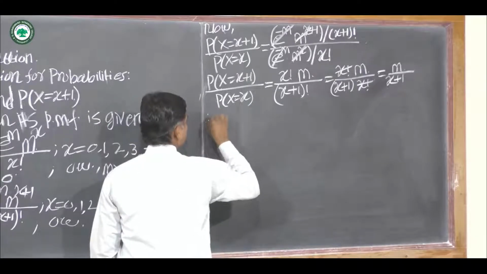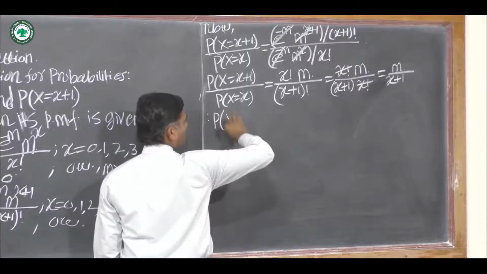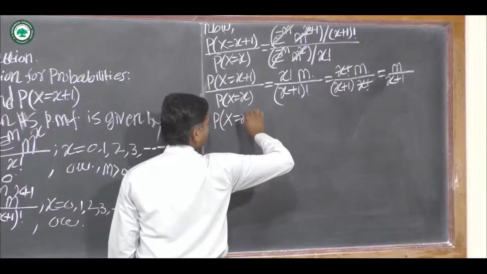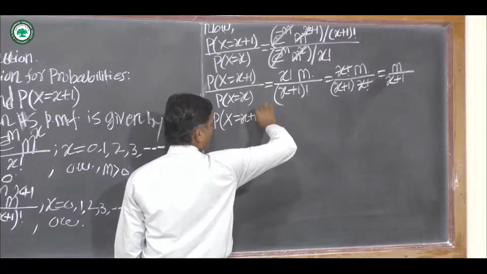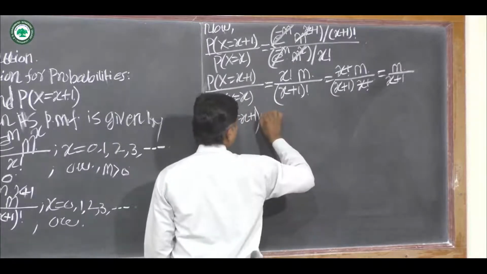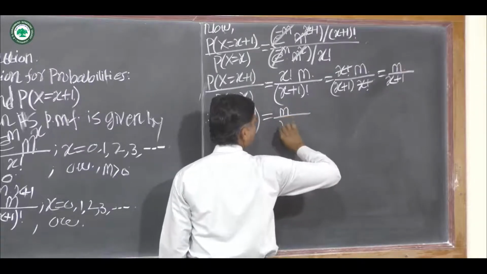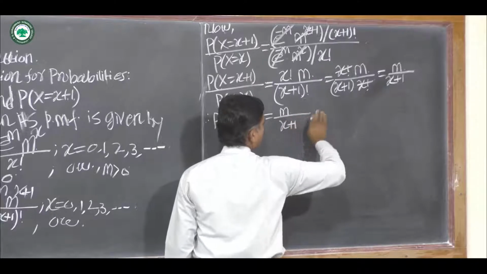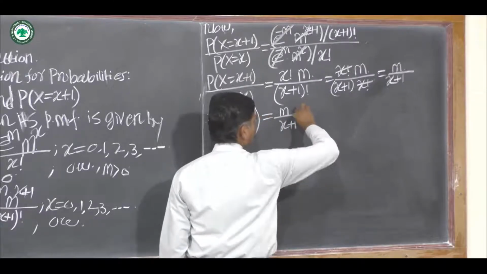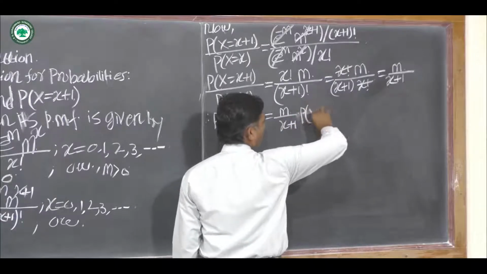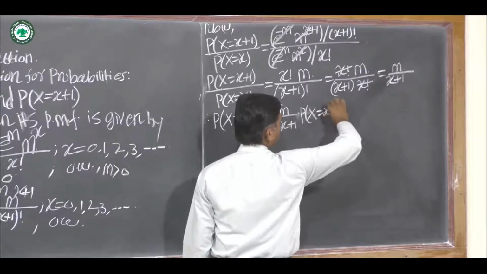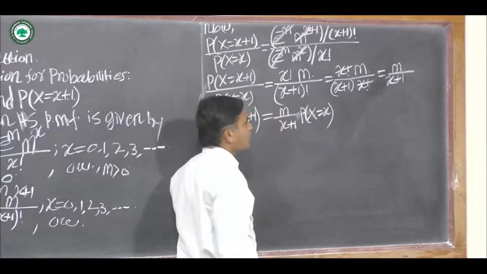Therefore, probability of x equal to x plus 1 is equal to m upon x plus 1 into probability of x equal to small x.